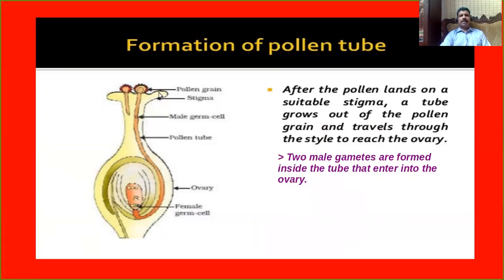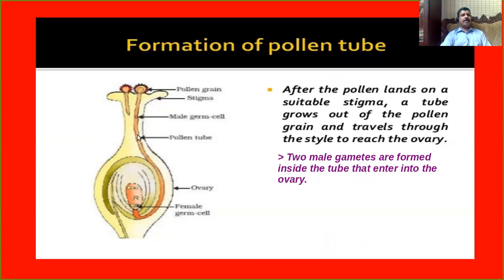That means after the pollen grains land on a suitable stigma, a tube grows out of the pollen grain. Is it clear? And that travels through the style and reaches the ovary. This is called a pollen tube. As you know, inside the pollen tube, how many male gametes are there?